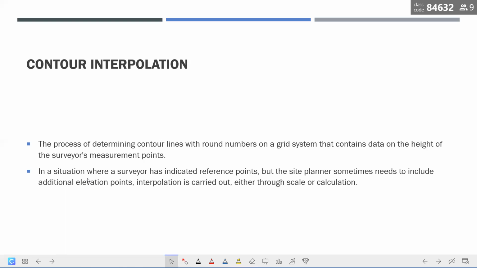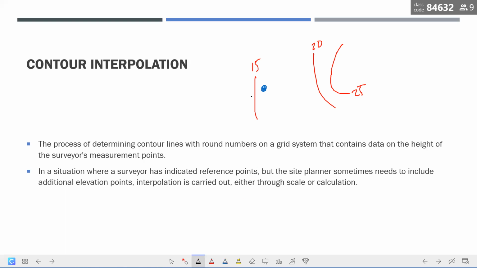Why didn't I just draw it? You calculate the height of a reference point between two known lines, for example 15, 20, and perhaps this is 25 right here, and you need to know a reference point somewhere in between, say maybe there.